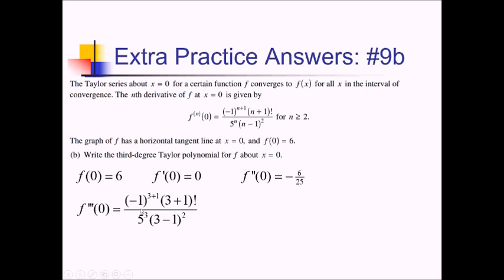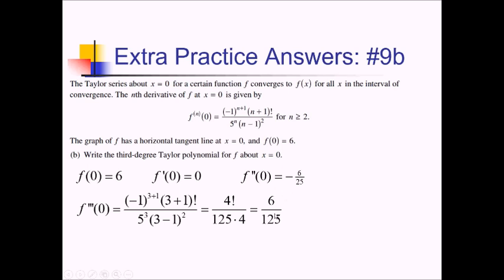Down here, 3 minus 1 is 2, squaring that gives us a 4. 5 cubed is 125. 4 factorial is really 4 times 3 factorial, so we can cancel the 4 and just have 3 factorial, which is 6 in the numerator, and 125 in the denominator. A whole bunch of needless simplifying, but we did it. So we have 6 over 125 for f triple prime of 0.